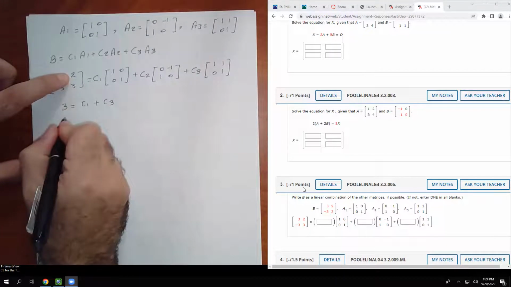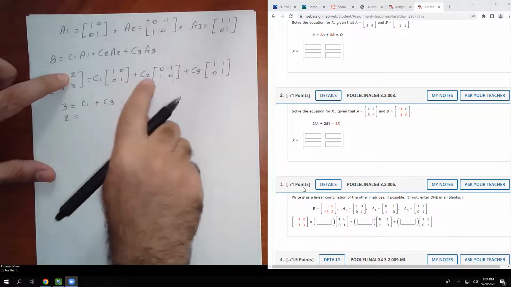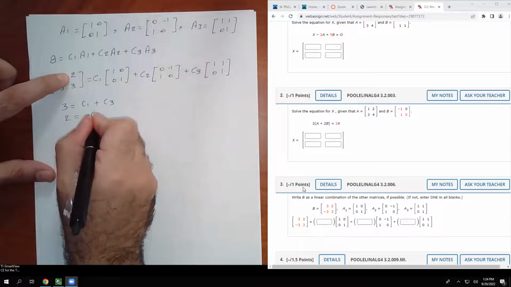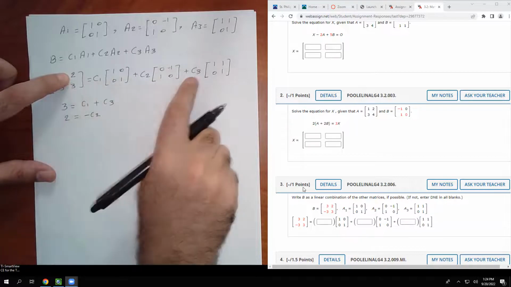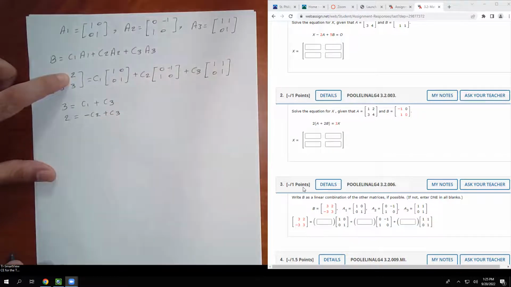2 equal C1 is 0, C2 is negative C2, and plus C3. Okay.